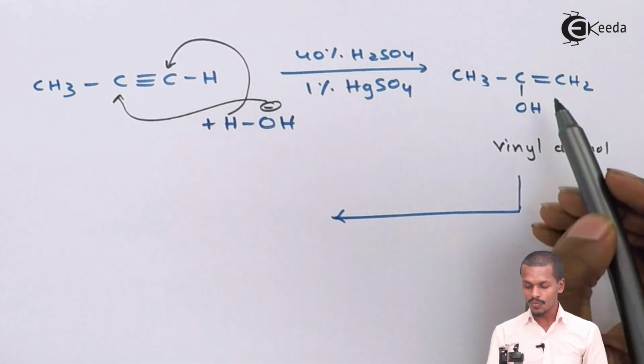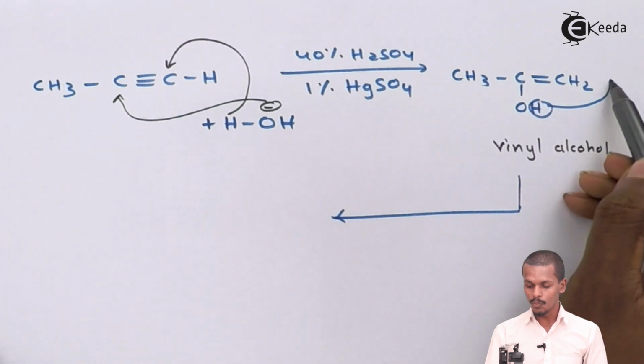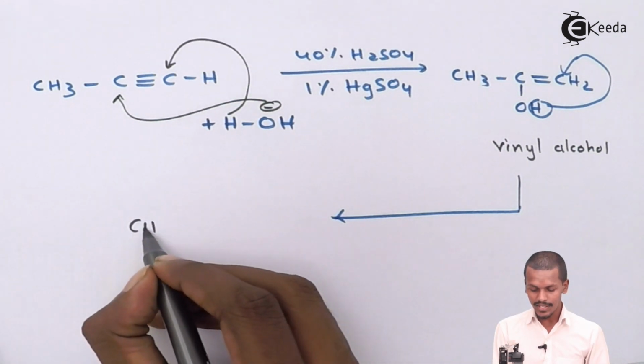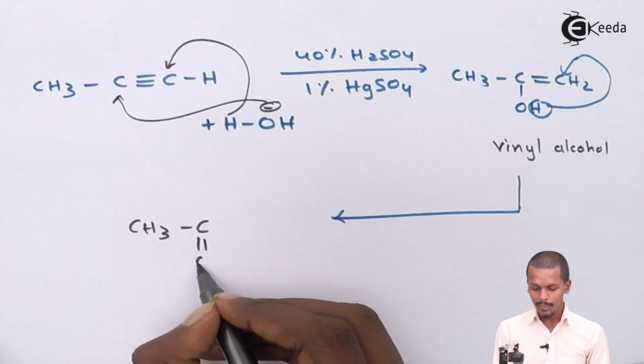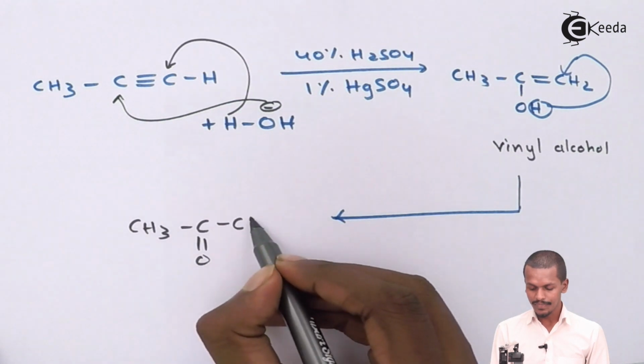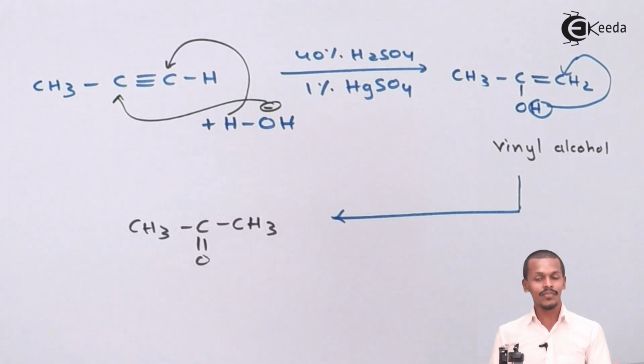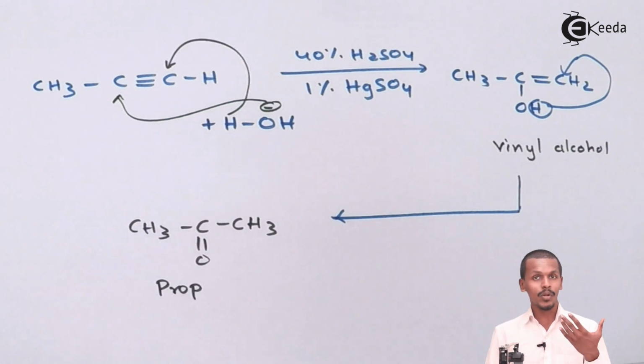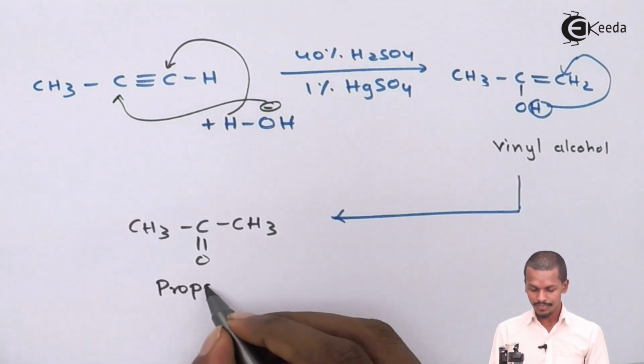In this case, the H will move on to this carbon atom to form CH3, C double bond O, and here it would be CH3. So this is a kind of ketone, and the name of this ketone is acetone. And talking about the IUPAC name, this one would be called propanone. This is the propanone that we have got.